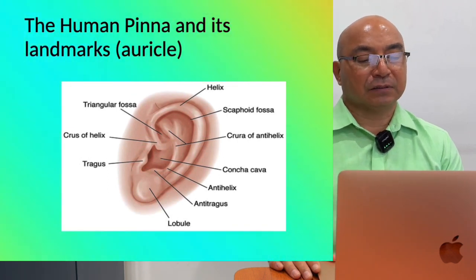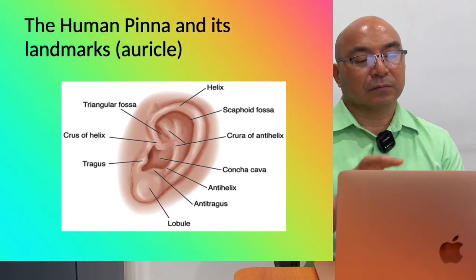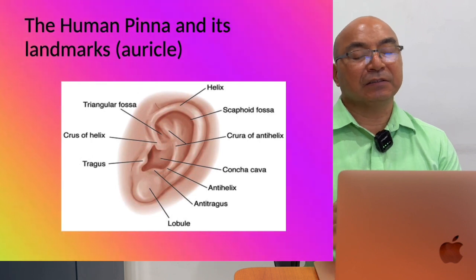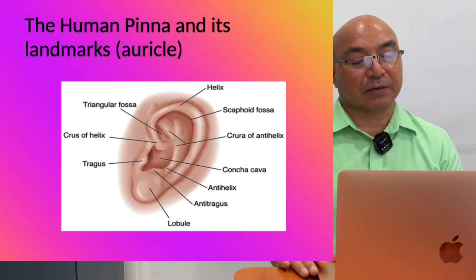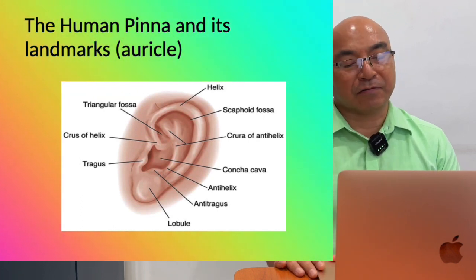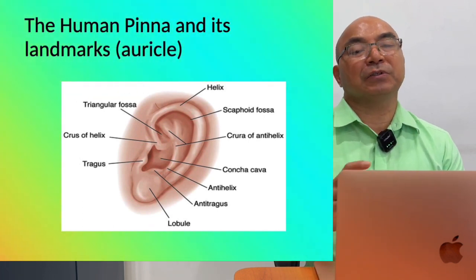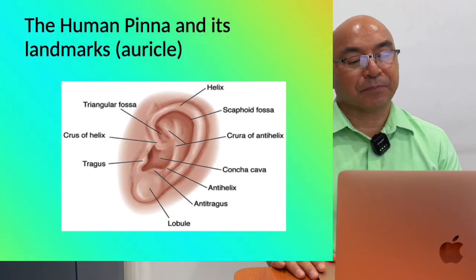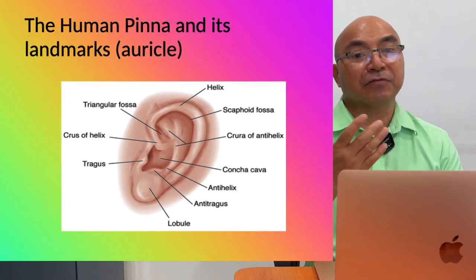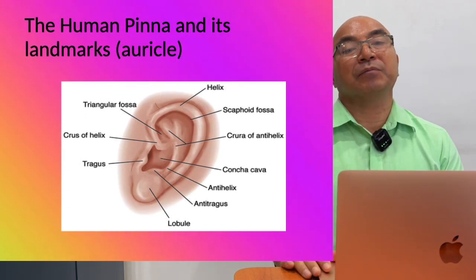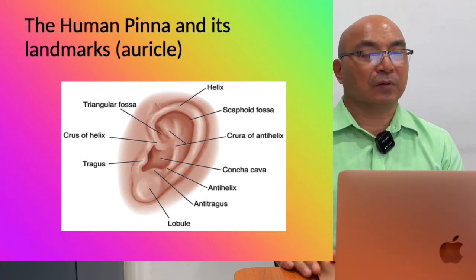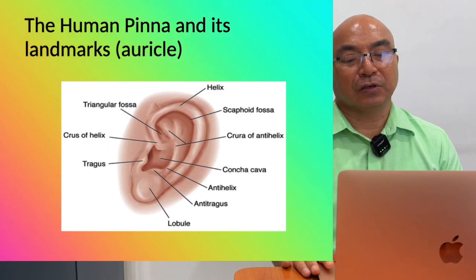Then we have the triangular fossa, which is between the helix and the antihelix in the anterior part. Then we have the concha or cavum, that is leading to the external auditory meatus. And we have the tragus, which is the most prominent protrusion in front of the external auditory meatus. Then we have the lobule, which is hanging below.